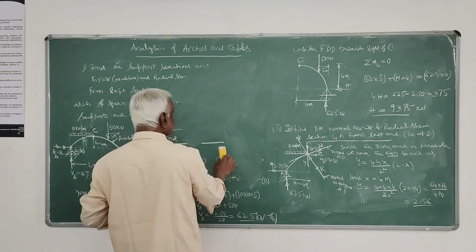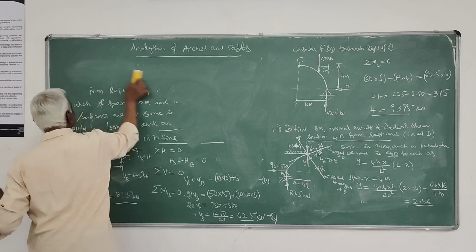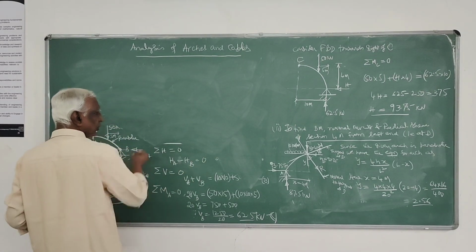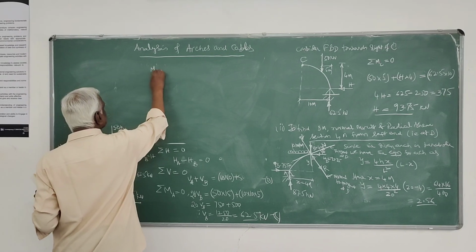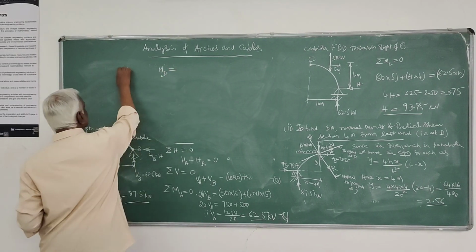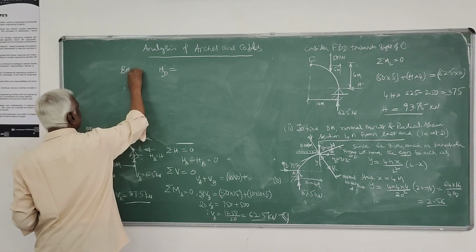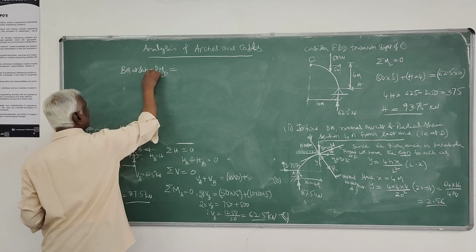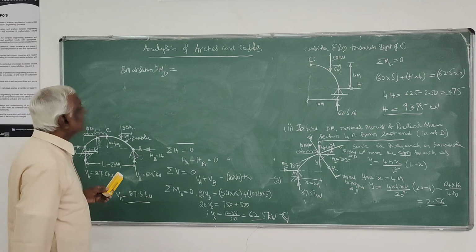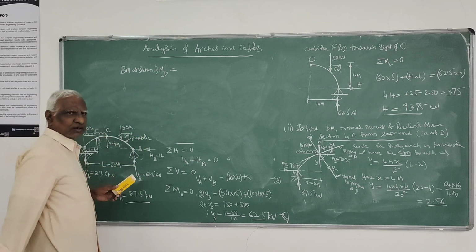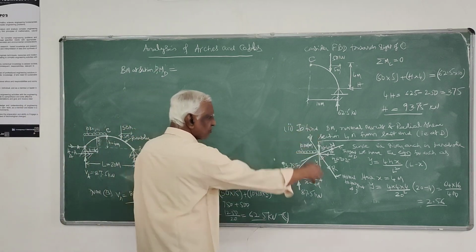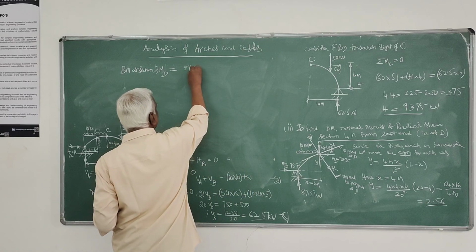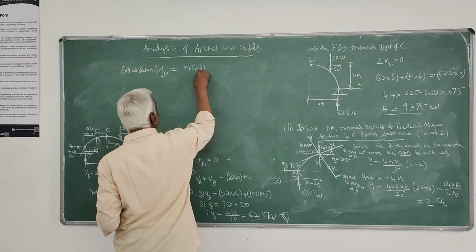So find out bending moment at D. Therefore, MD, that is bending moment at section D, is equal to, you take moment of all these forces about that D, that is 87.5 into 4.